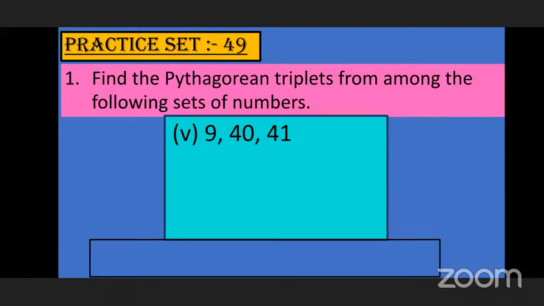9, 40 and 41. So which is the biggest number? 41. 41 is the biggest number. So the biggest number means it is the hypotenuse. So 41 square equals 40 square plus 9 square. Tell me what is the square of 41? Take a while, do the multiplication and tell me.